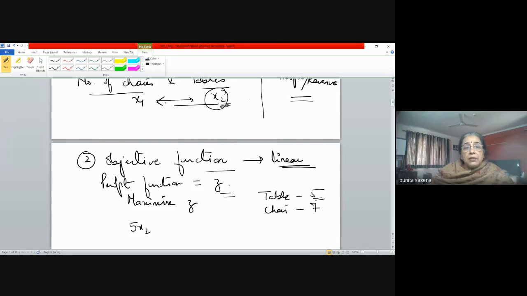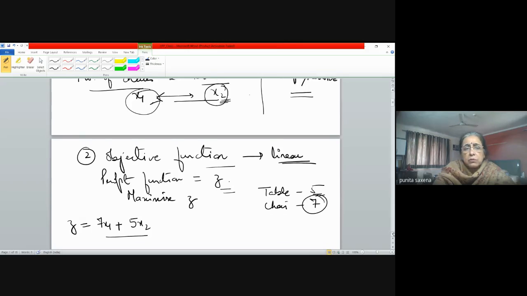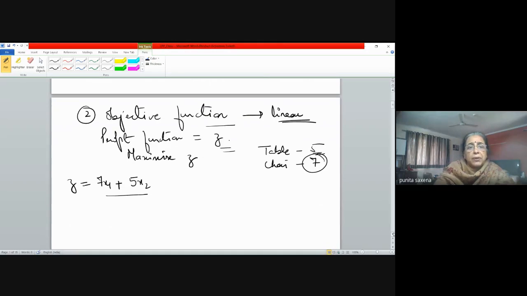And if one chair is giving me a revenue of 7 rupees, definitely X1 number of chairs will give me a revenue of 7X1. So my total revenue function will now become 7X1 plus 5X2. Okay, now this becomes my revenue function or profit function or whatever we were calling it. Okay, and my objective now is to maximize Z, which is 7X1 plus 5X2.